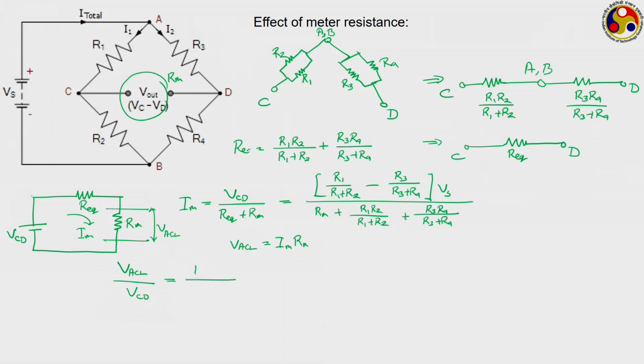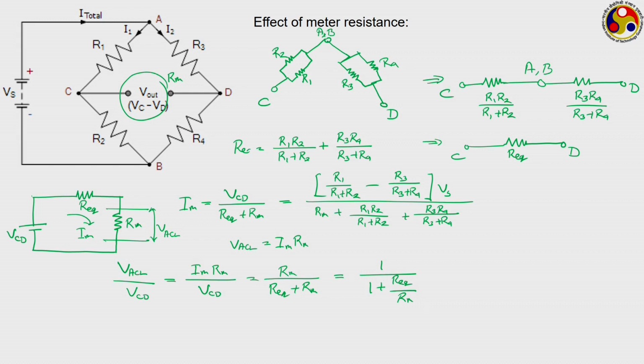It is Im Rm by VCD, and Im upon VCD was Rm divided by R equivalent plus Rm, or written this way, it is 1 by 1 plus R equivalent upon Rm. That is, the measured voltage depends on the ratio of these two resistances, R equivalent and Rm.